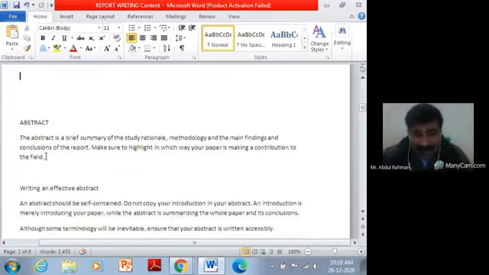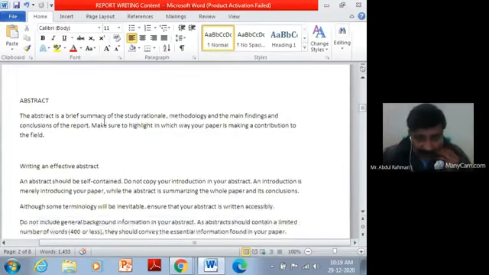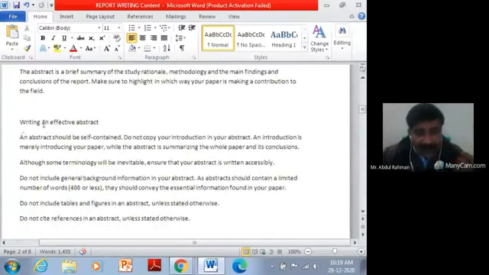Then abstract. Abstract is a brief summary of the study, rationale, methodology, main findings and conclusion of the report, right? Then writing an effective abstract. An abstract should be self-contained, right? And you know that we always write the abstract at the end of the report, when we are done with everything.